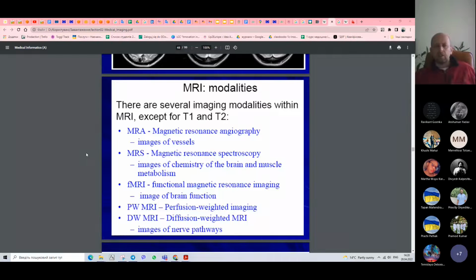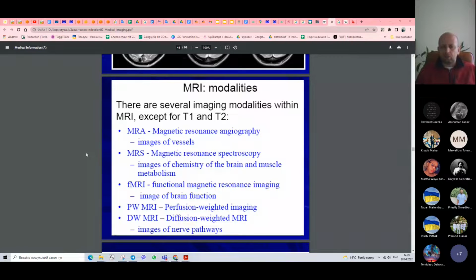MRI modalities. There are several imaging modalities within MRI. MRA can be used for magnetic resonance angiography, images of vessels.